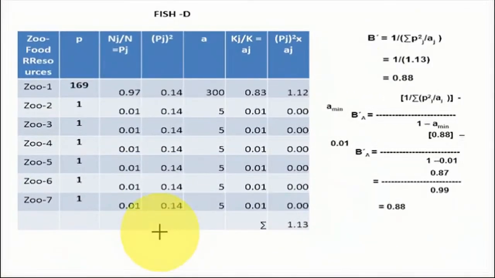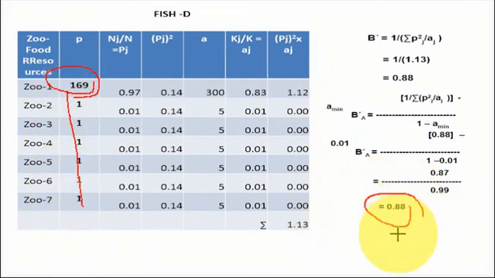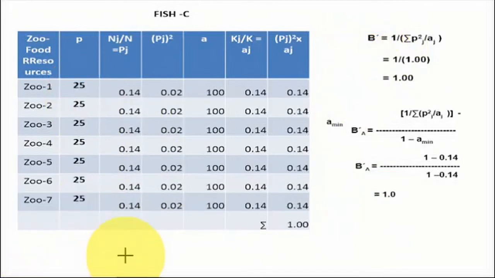And in case of fish D, where one species has abundance over the other species, there it behaves 0.88. So you can see this Hurlbert's diet breadth is less sensitive to the rarest organisms, whereas it is very highly sensitive to the evenly distributed organisms.